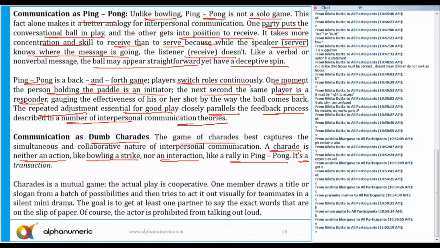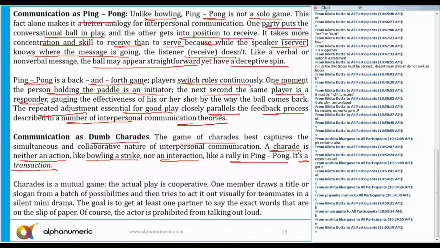It is a transaction. So it is not an action, it is not an interaction. Action is one-sided, interaction is two people. Two people are involved, simultaneous exchange of communication is happening. A transaction means through your interaction, you exchange something.